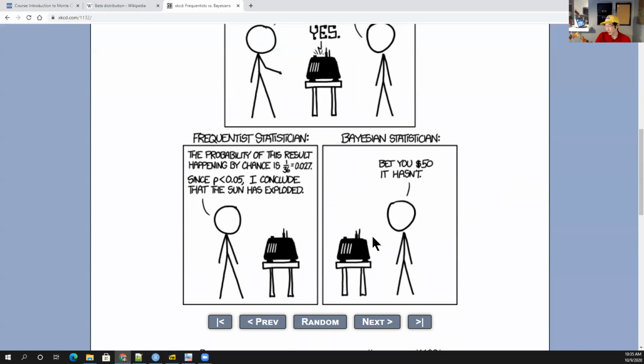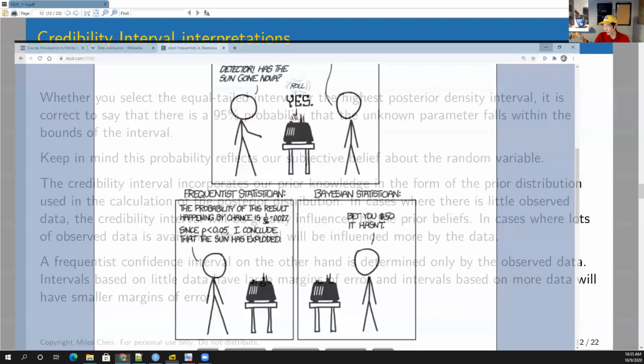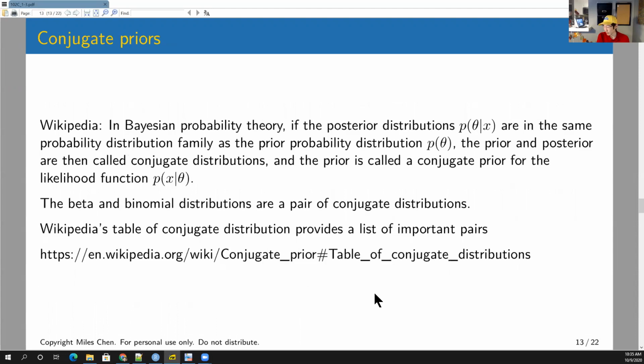Even though according to frequentists, less than 5% is considered low, even lower is the prior probability that the sun has exploded. So Bayesians factor in outside knowledge other than the data, and that can cause some rift or disagreements between Bayesians and frequentists.